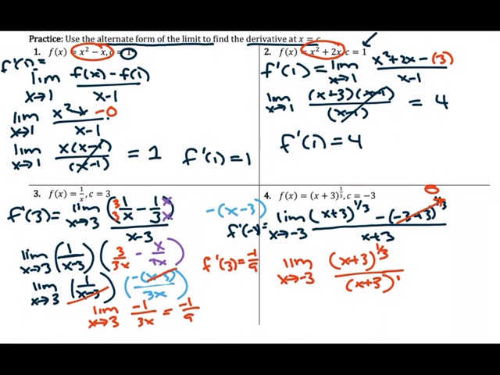The way that we can write this as one combined piece is by subtracting the exponents, 1/3 minus 1. So this is going to give me the limit as x approaches -3 of (x plus 3) to the 1/3 minus 1, which is the limit as x approaches -3 of 1 over (x plus 3) to the 2/3 power.